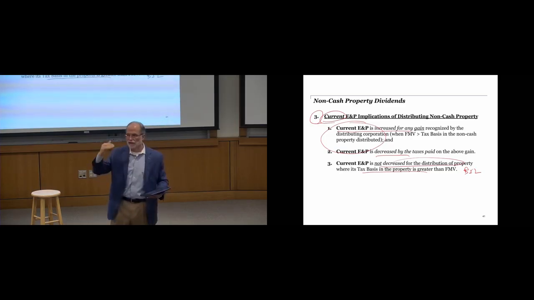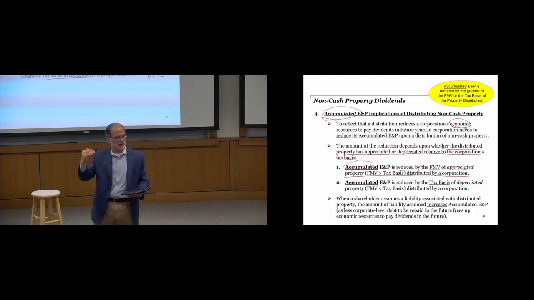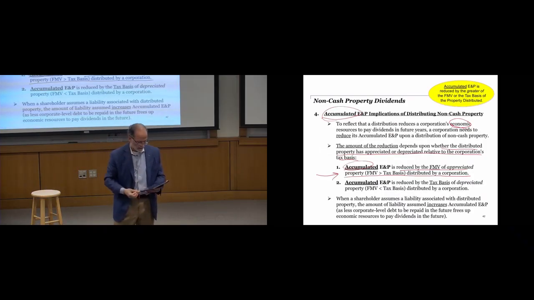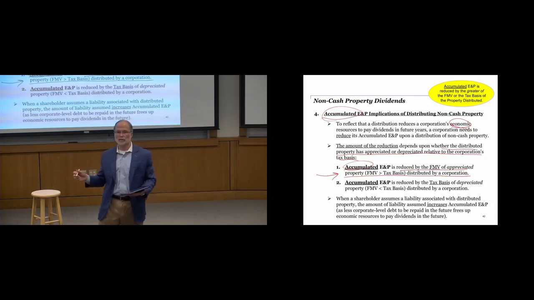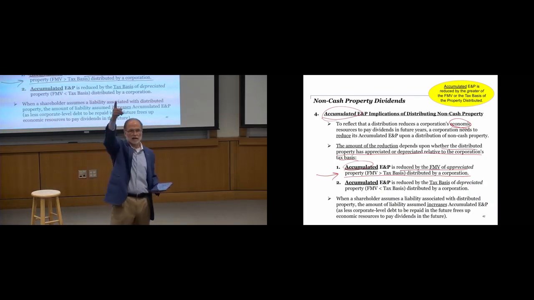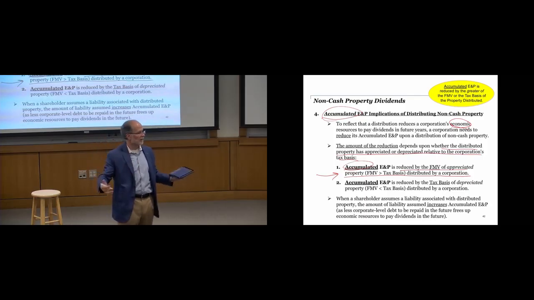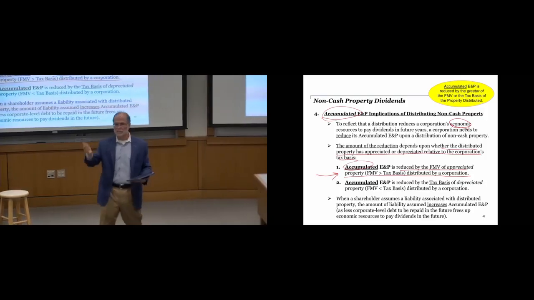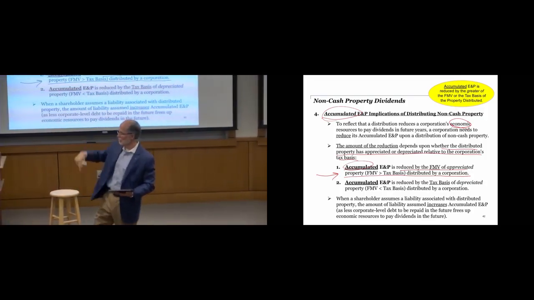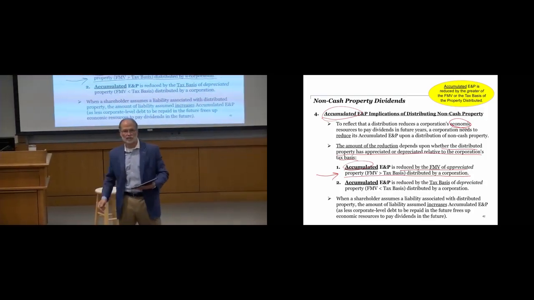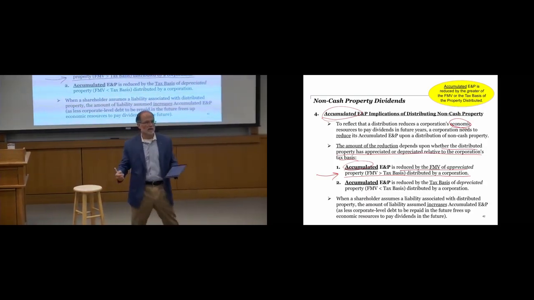I lower that a little bit by the tax I pay on the gain because that cash goes out the door. And then I reduce it for the full fair market value of the property because I just gave you the property, it's gone. I have to account for that, I can't give that value again. Right? So up by the gain, down by a little bit of the tax, all the way down by the fair market value. That's the total E and P effect. It's just broken out between current and accumulated.